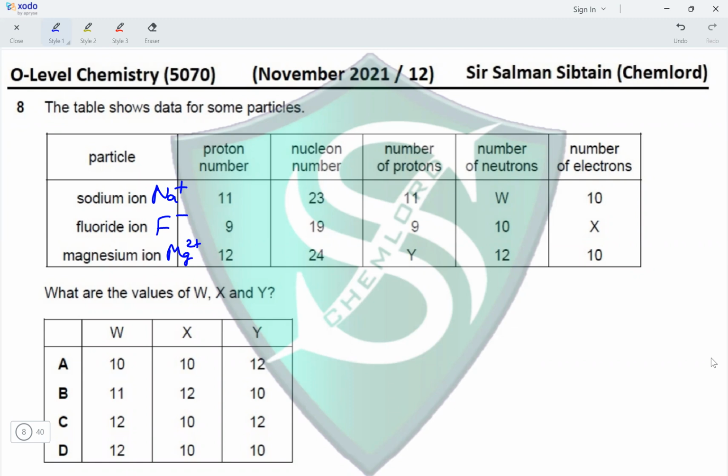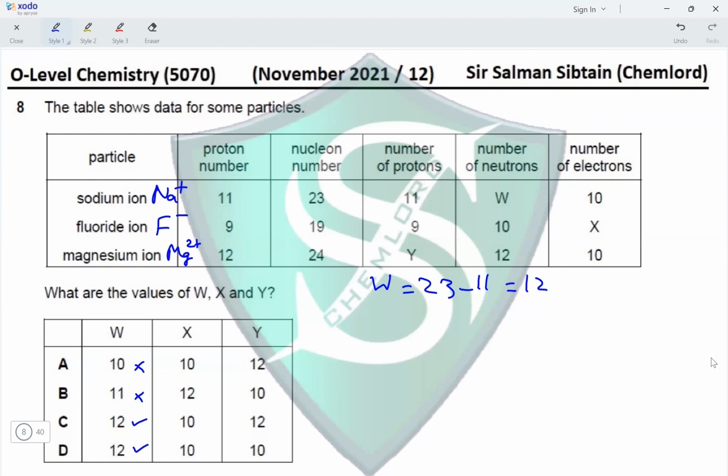Okay, so for the sodium ion, we need to find out the number of neutrons. The number of neutrons is the nucleon number minus the proton number. So W is given by 23 minus 11, which is 12. So options A and B have been eliminated. The correct option is either C or D.